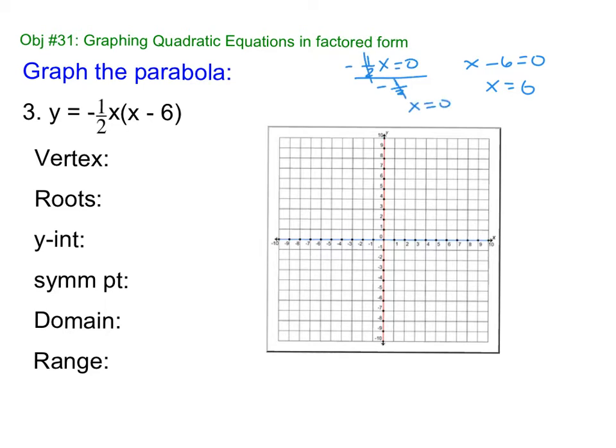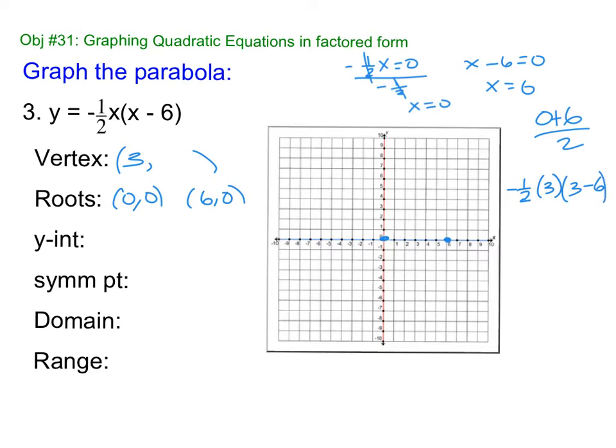So 0 and 6. And then what's the average of 0 and 6? That's just 3. Plug in 3. Negative 1/2 times 3 minus 6. This is going to be a decimal. 4.5.